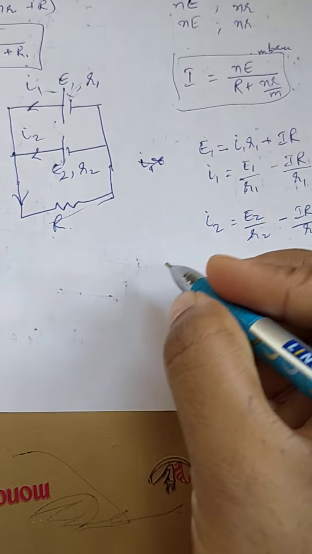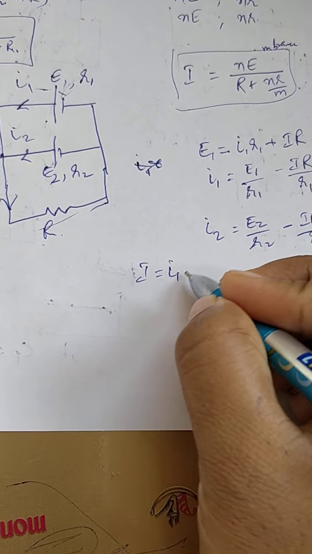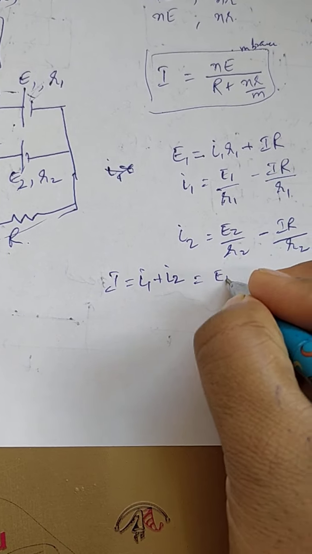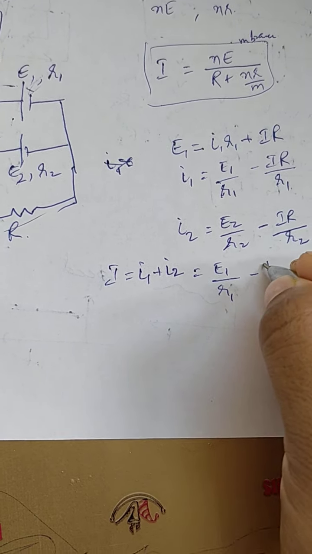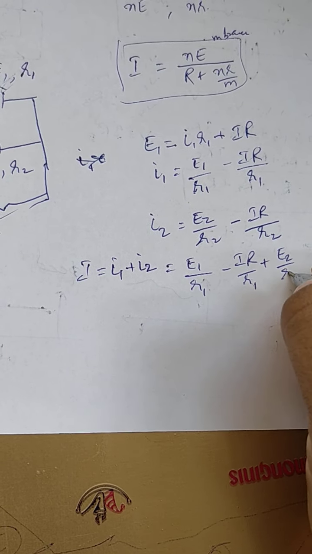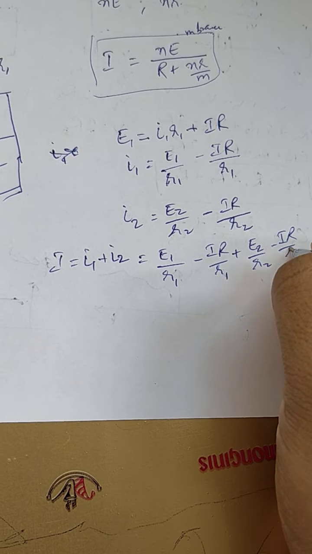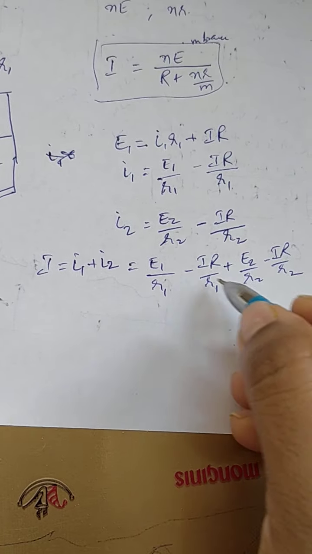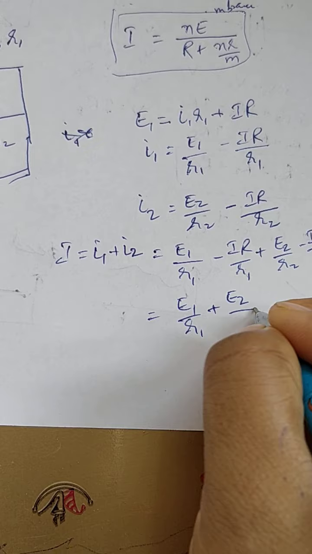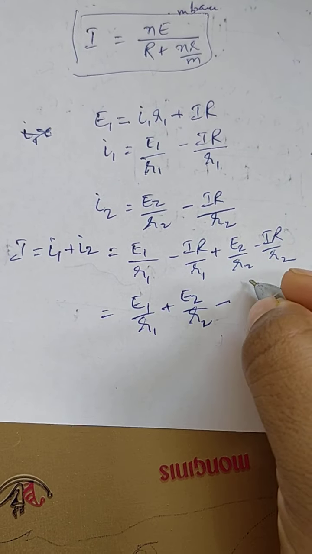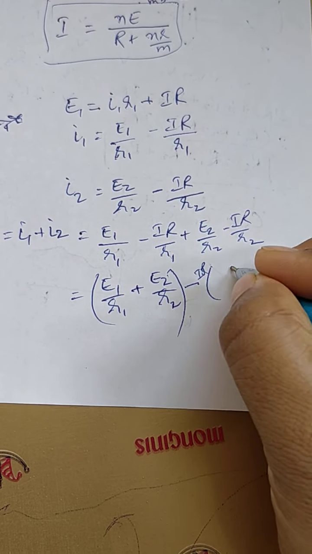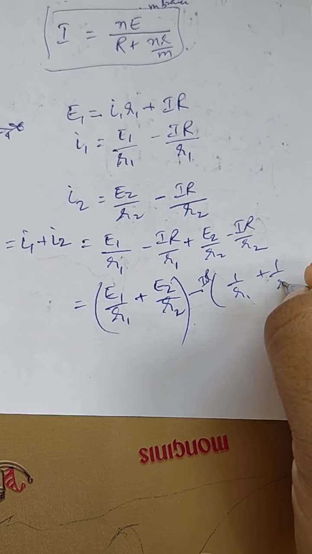Now total current I is equal to I1 plus I2. So E1 by r1 minus IR upon r1 plus E2 by r2 minus IR upon r2. Now combine these two and these two. So you'll get E1 by r1 plus E2 by r2, you take minus common and you'll get IR also common, you can take 1 by r1 plus 1 by r2.